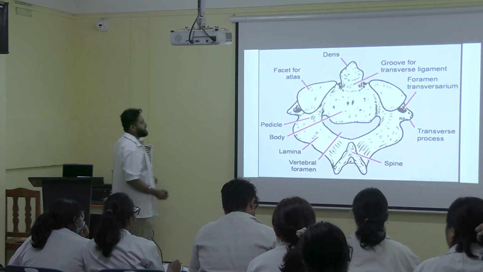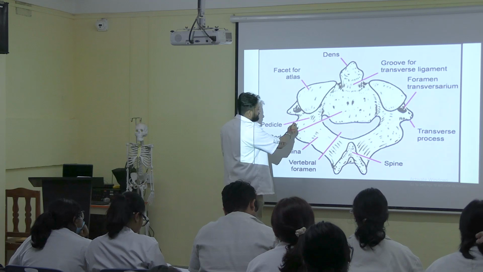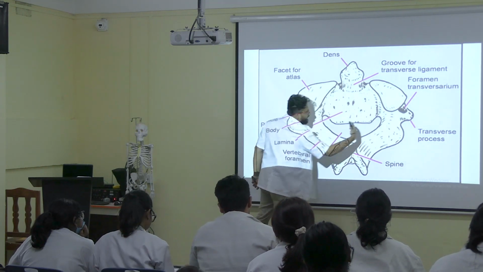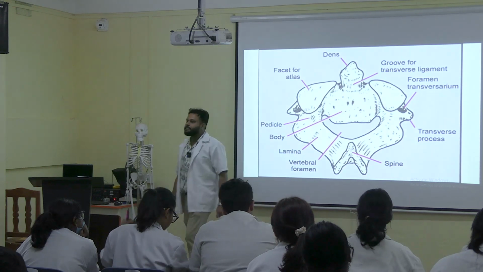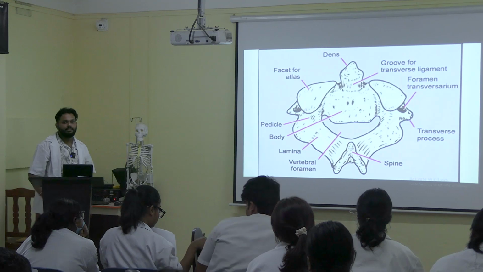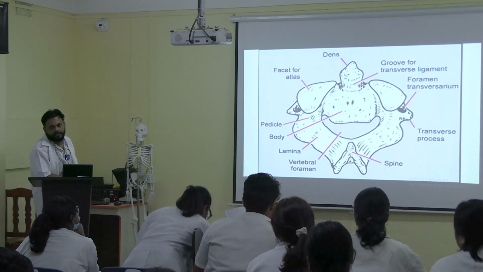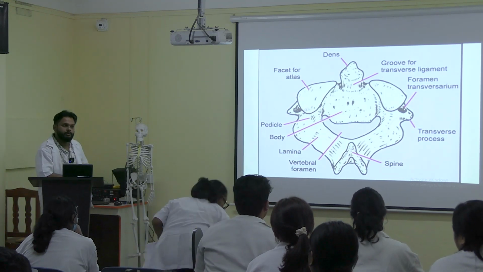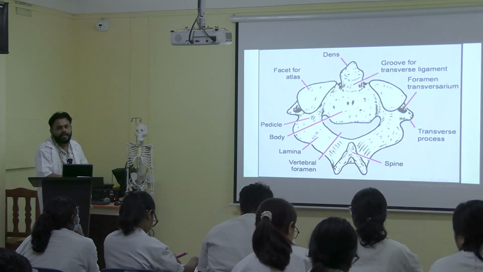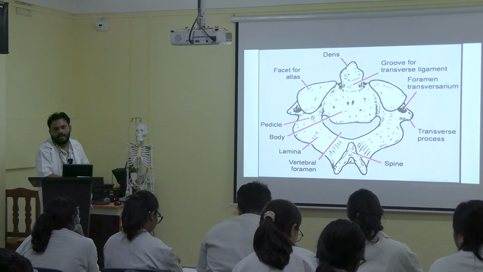Okay. So see, if there is any fracture in this region, this is slightly clinical. It will be taught in ortho. If there is fracture in this place, this is known as hangman's fracture.